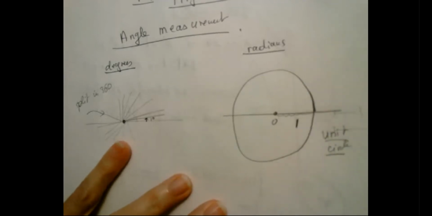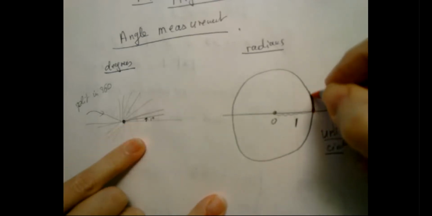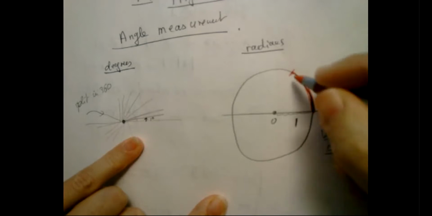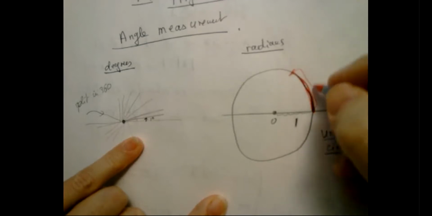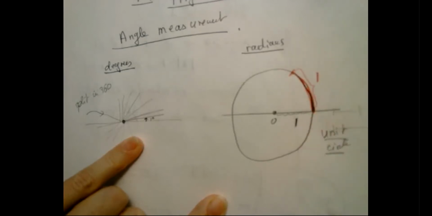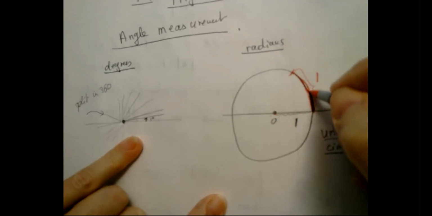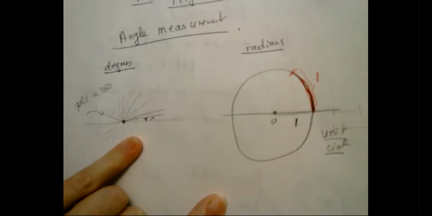And then we cut from this circle an arc. We start here and take an arc so that if you take this arc and stretch it, its length is 1, the same as the radius. So we start with the circle of radius 1 and we take an arc of length 1.